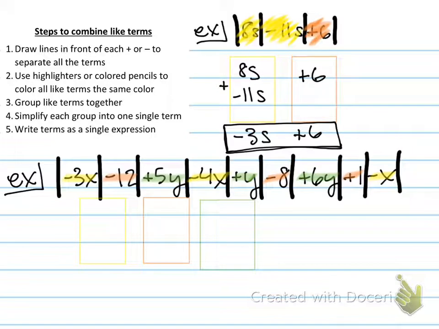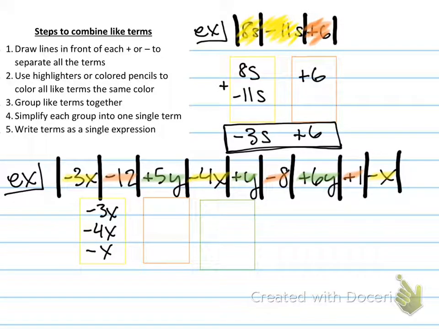Okay, so now I'm just going to list all the terms in the color-coded boxes that I've made. So I'm going to start with yellow. I have negative 3x, negative 4x, and negative x.